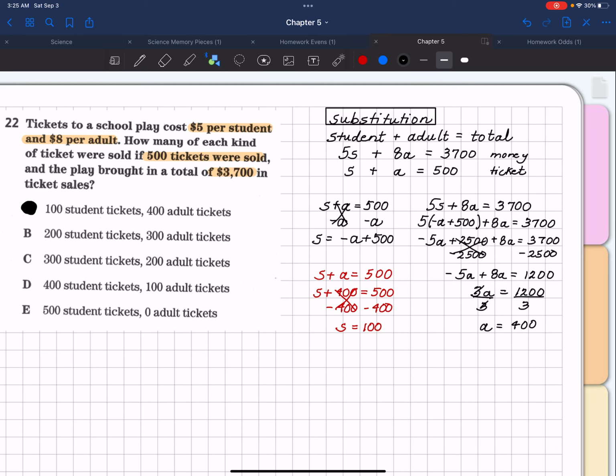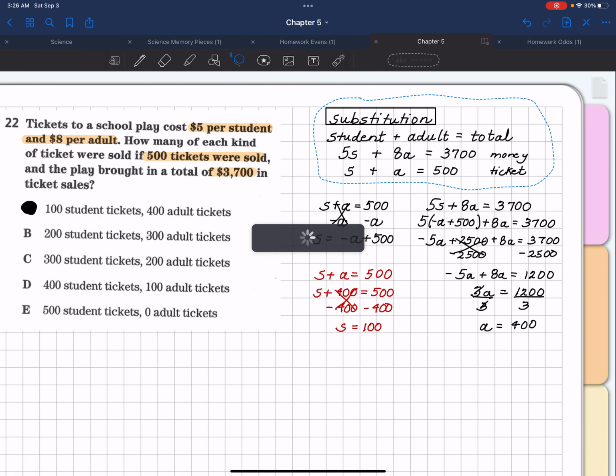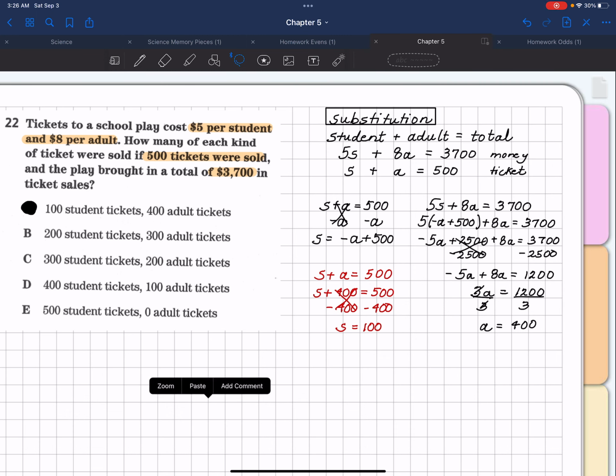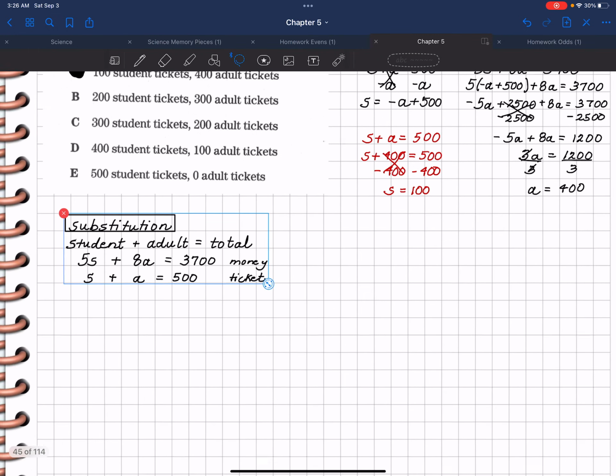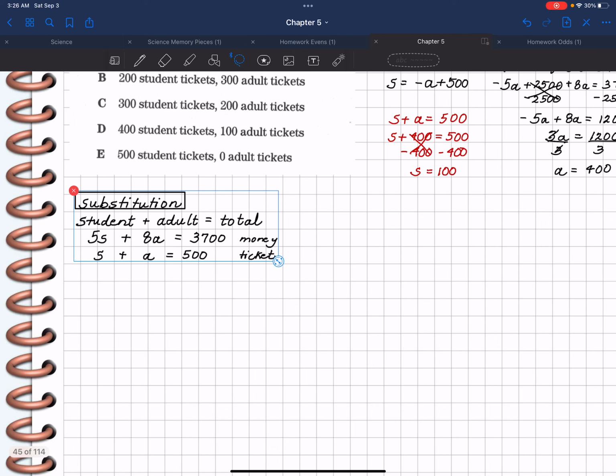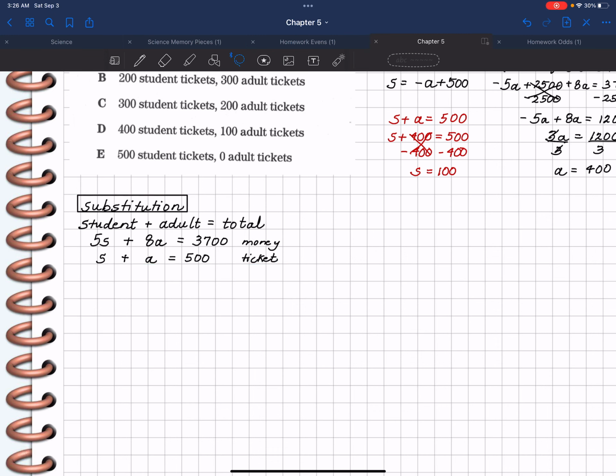But let's do it with elimination and see what we come up with. So I'm going to bring this same set of equations down. We don't need new equations. We're just going to solve it a different way. And I'll change the word there. So instead of substitution, we're going to use elimination to solve this one.